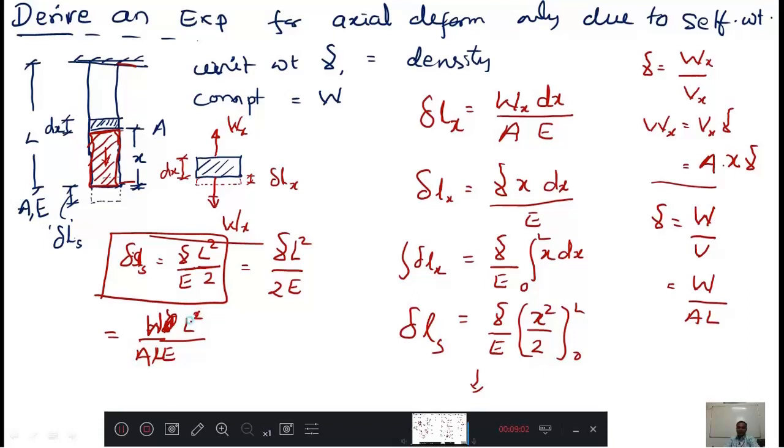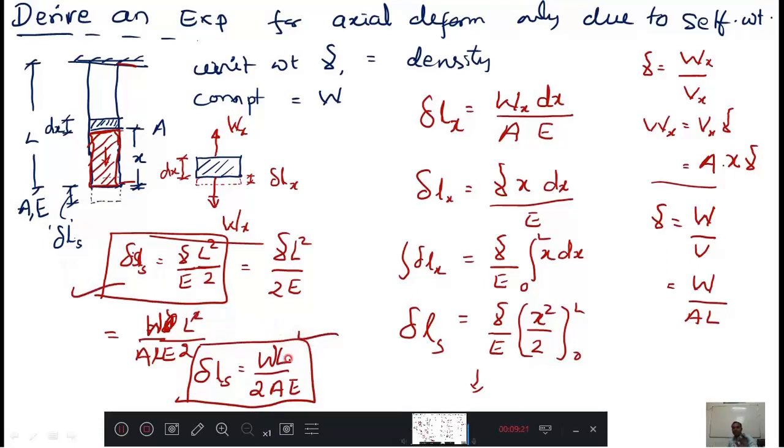Then this L cancels, therefore you will get delta Ls equal to WL upon 2AE. Either you can use this expression or the earlier one for elongation due to self weight. This is a very, very important derivation you can expect for examinations.